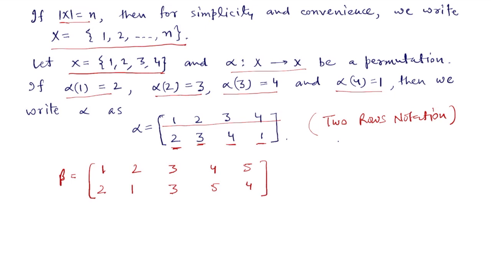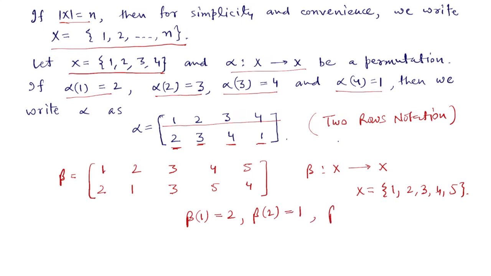So that will mean that beta is a permutation from X to X, where X contains 5 elements 1, 2, 3, 4 and 5, and under beta 1 goes to 2, so beta of 1 is 2, beta of 2 is 1, beta of 3 is 3, beta of 4 is 5, and beta of 5 is 4.